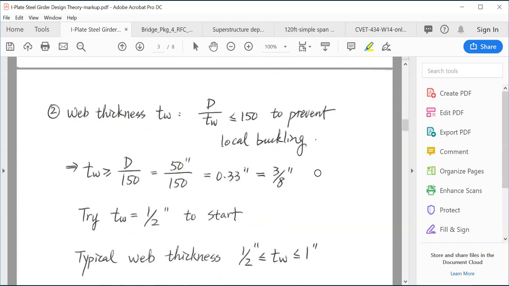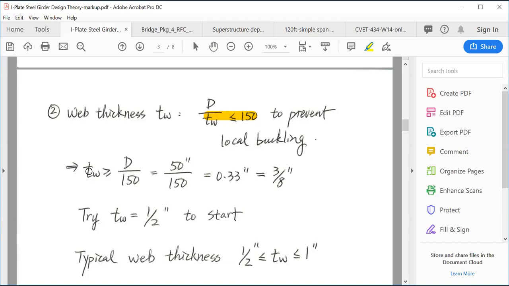Also, based on the depth of the girder, we can start to have some flange dimensions to start with. The web thickness TW is based on the local buckling requirement, and the ratio D over TW, the width to thickness ratio of the web, must be no greater than 150. Based on that requirement, we can roughly estimate the thickness of the web.